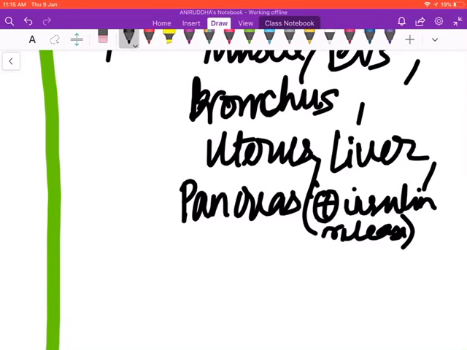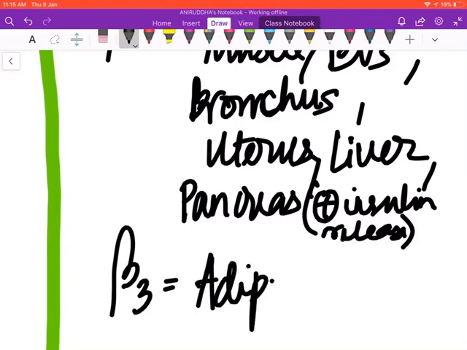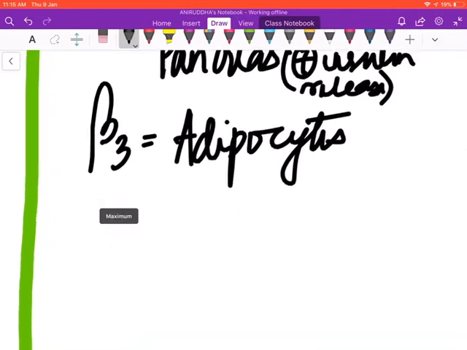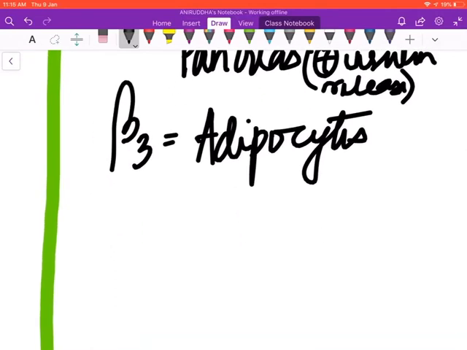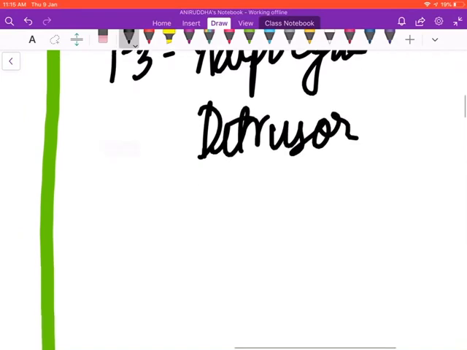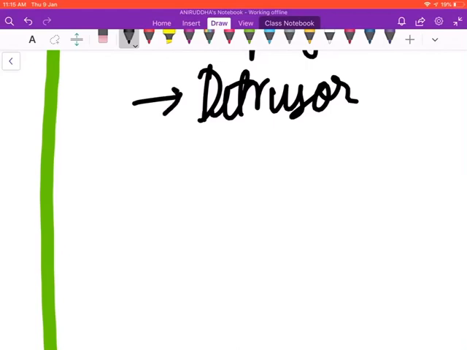And the beta 3 receptors are primarily found on the adipocytes, where they promote lipolysis, and they're also found on the detrusor muscles. That is why a new drug has been developed, which is a beta 3 agonist.